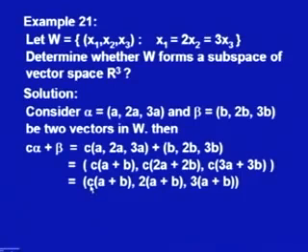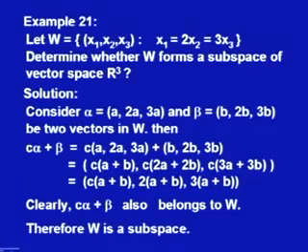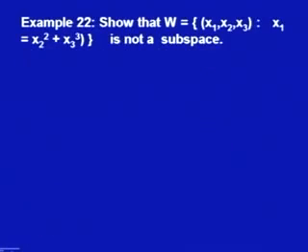Simplifying it, we will have (C a plus b, 2 times C a plus b, 3 times C a plus b), and that means the condition x1 is equal to 2x2 is equal to 3x3 is also satisfied for C alpha plus beta, and that means C alpha plus beta also belongs to W, and this proves that W is a subspace.